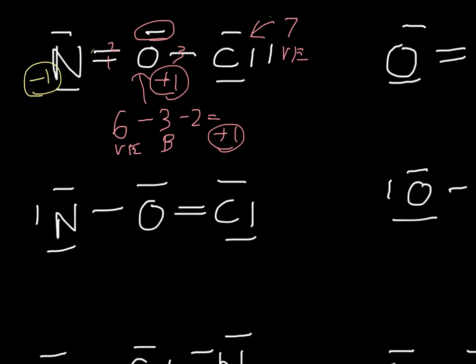Number of valence electrons comes straight from that periodic table. It's participating in just the 1 bond there, and it has 2, 4, 6 lone electrons. So the total charge for that is 0. 7 minus 1 minus 6 is 0.